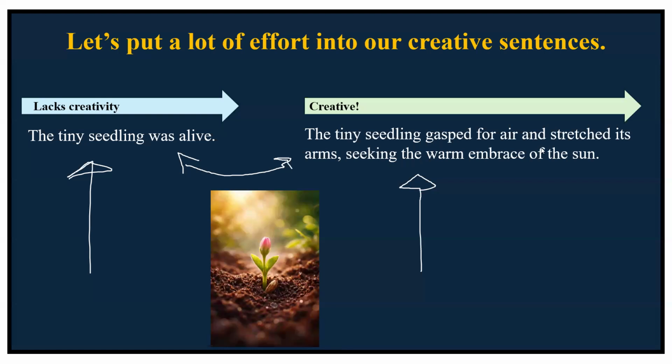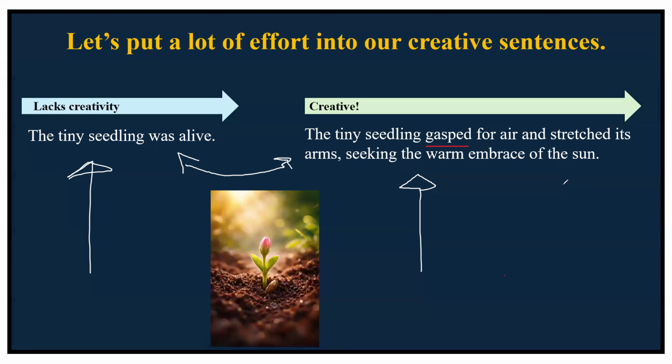Jacob, is the second sentence, the one on the right, using personification? So we see that the tiny seedling gasped for air. So I think there's more than one. Can I name all of them? Yeah, of course.